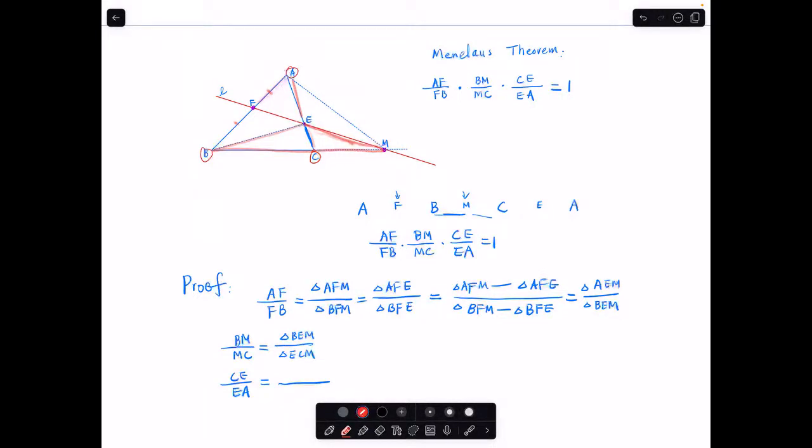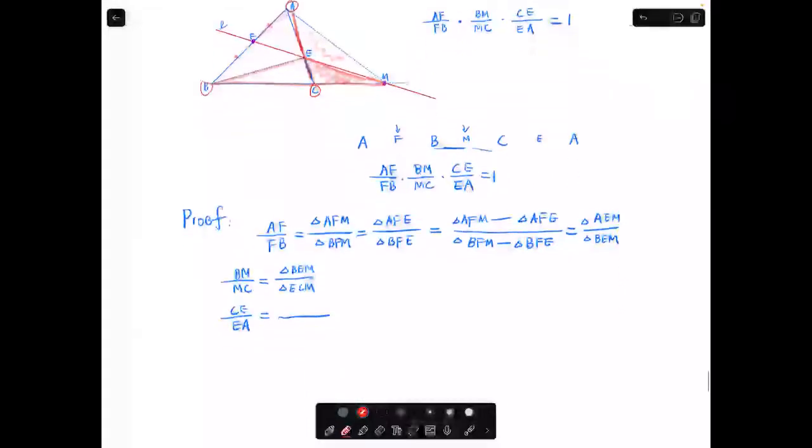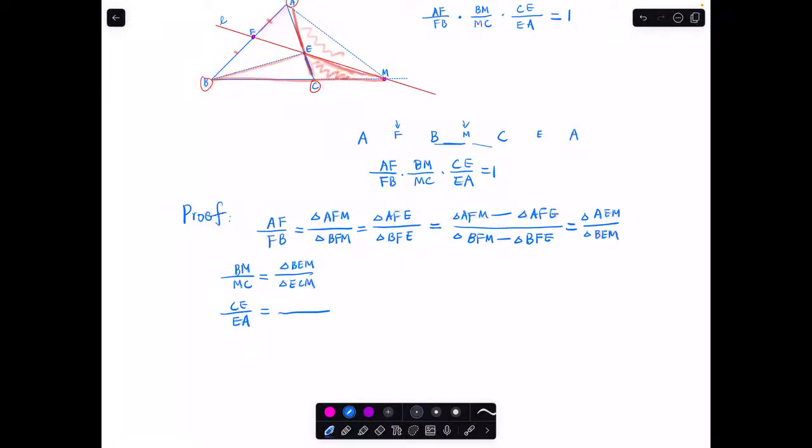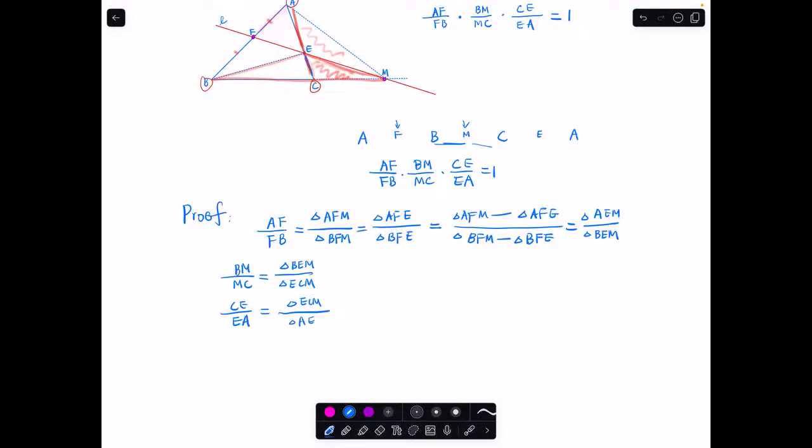So we claim that this is just the ECM, this part, over AEM. All right, the ratio is going to be the base here, right? They share the same height. So let's write it down. So that's equal to the triangle ECM over the triangle AEM.